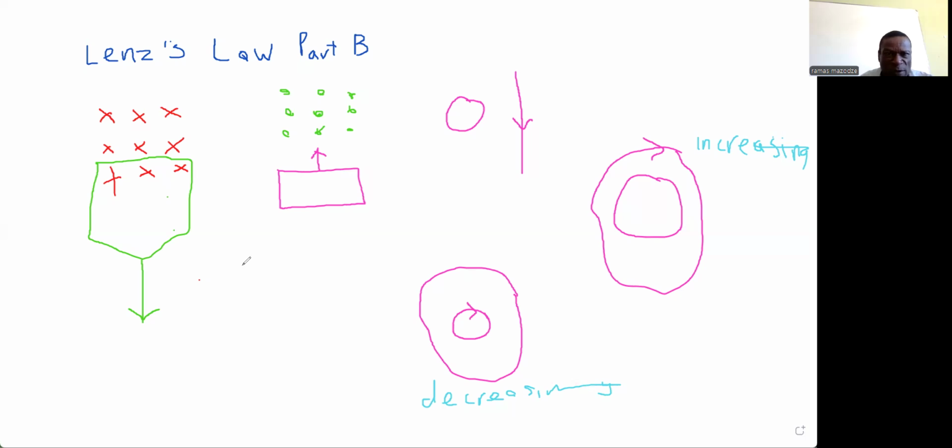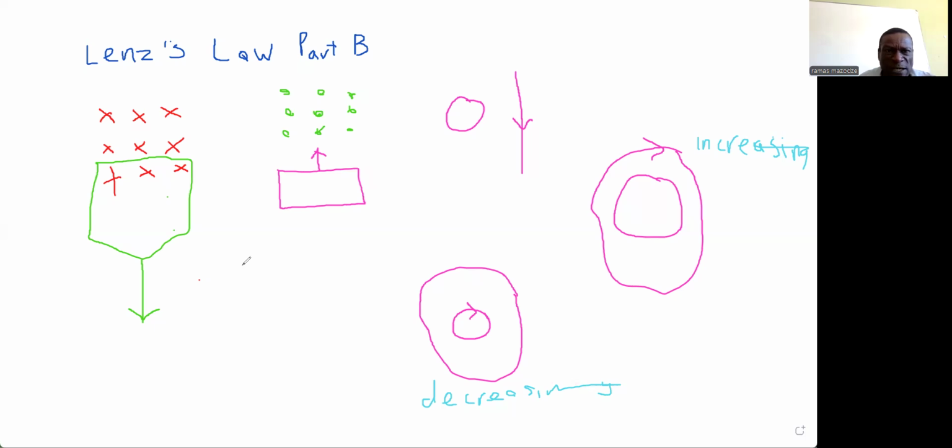In the first video I was saying that when you move a magnet towards the solenoid, there is an increase in magnetic flux around the solenoid. And if there is an increase, according to Lenz's law, the current will flow in the solenoid in such a direction so as to create a magnetic field which opposes the change.